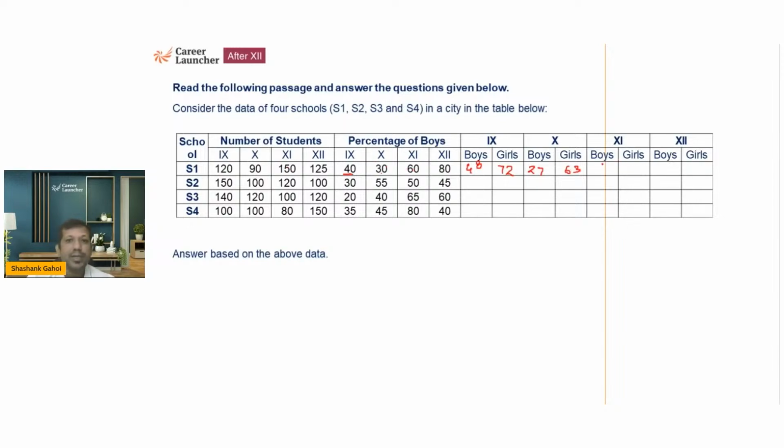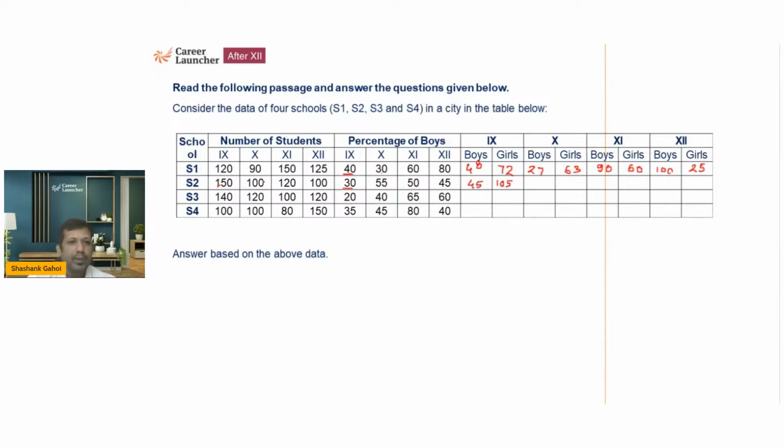So 60% is going to be what? 90 and 60. Out of 125, 80% is going to be what? 100. And it is going to be 80%, you can say 4/5. And this is going to be 25. That is 1/5. Okay. Out of 150, 30% is going to be what? That is going to be 45 and 105.